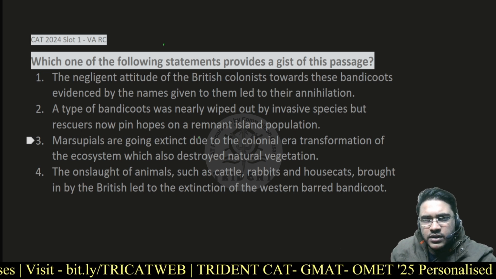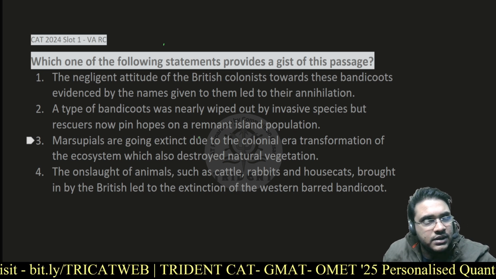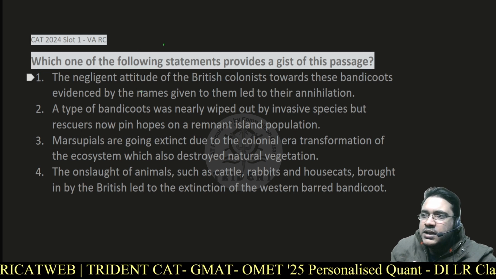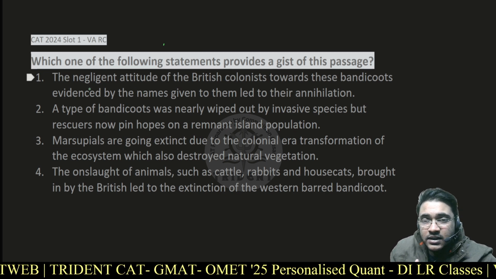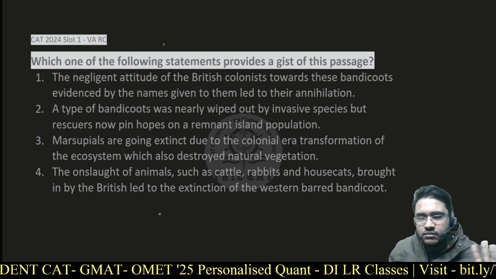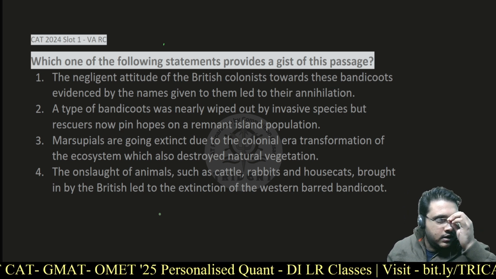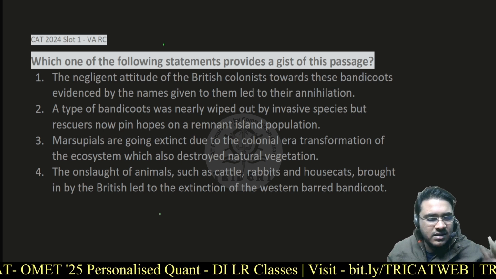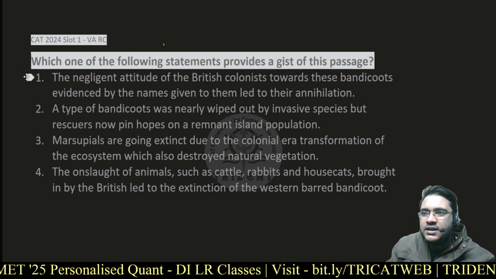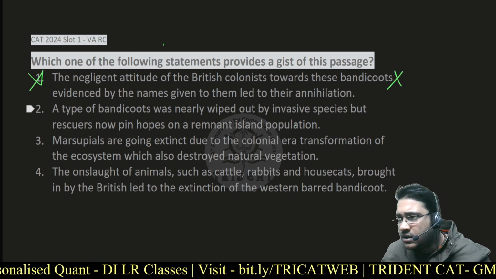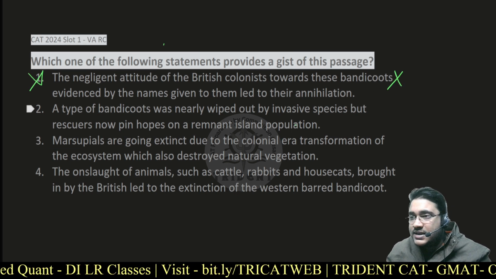There is a restoration process going on, and the restoration process is to some extent doing good. So there is no annihilation that has happened. And British negligence is not the central idea. Yes, the Britishers made their efforts to decline the species population, but it's not annihilated. So definitely this is not something that I would be remotely calling my statement that provides the gist of the passage.